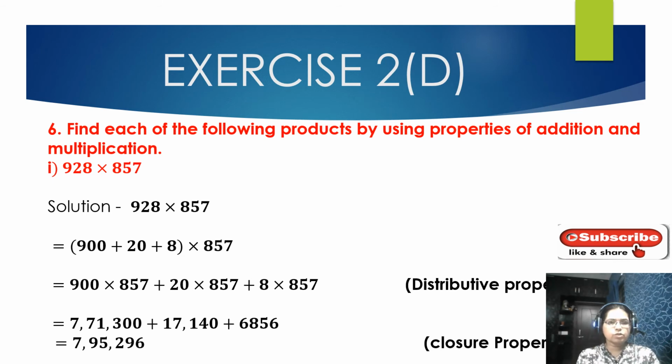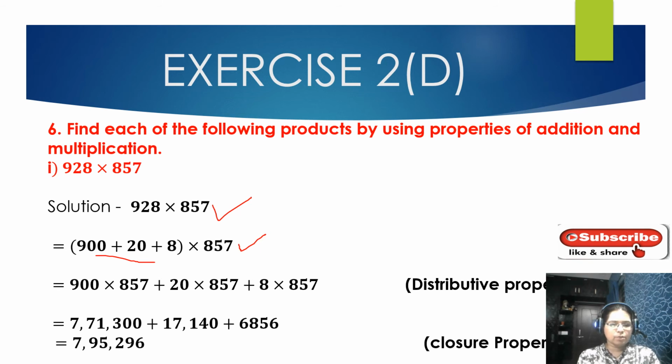Now we'll solve question number 6. Question number 6 is find each of the following products of addition and multiplication using properties of addition and multiplication. First bit is 928 multiplied by 857. We can write 928 as 900 plus 20 plus 8. 900 plus 20 plus 8 inside the bracket multiplied with 857.